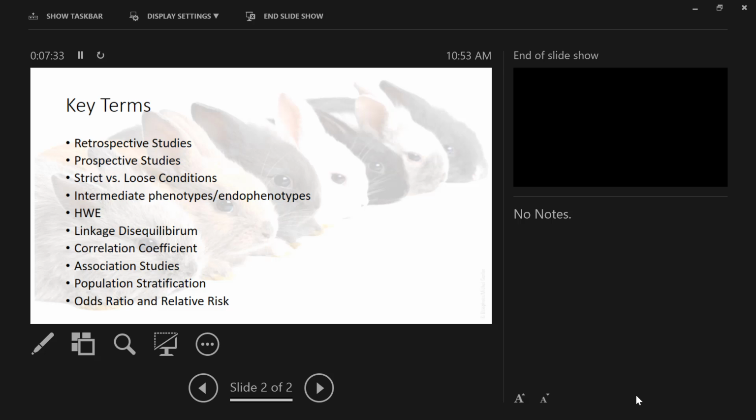The proportion of people with illness and allele, divided by the proportion of people without illness, but with this specific allele.